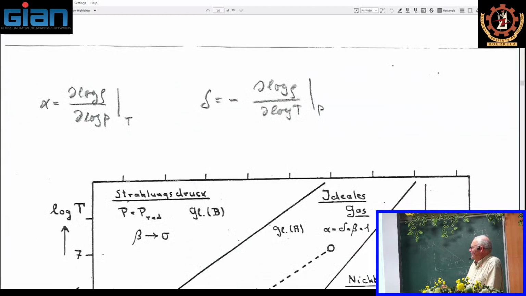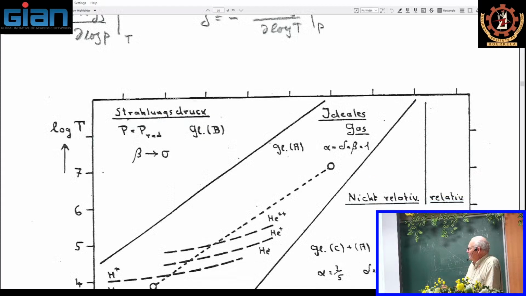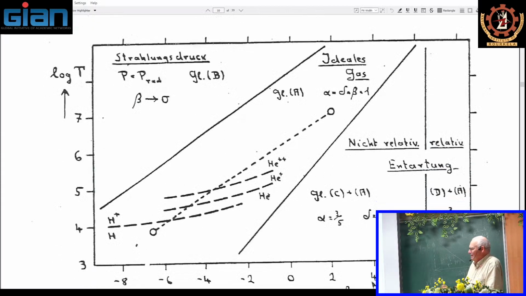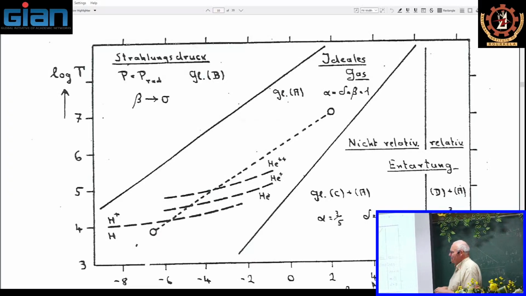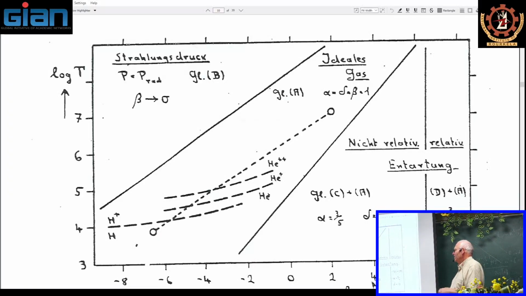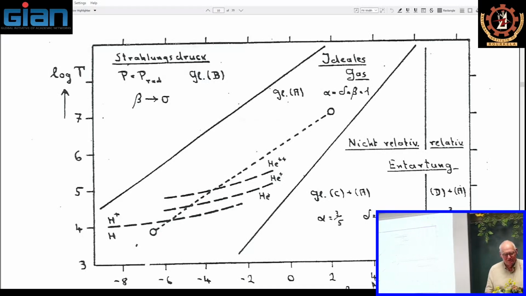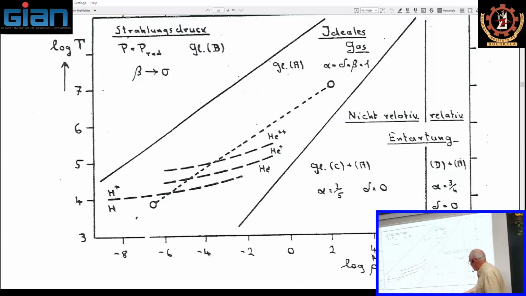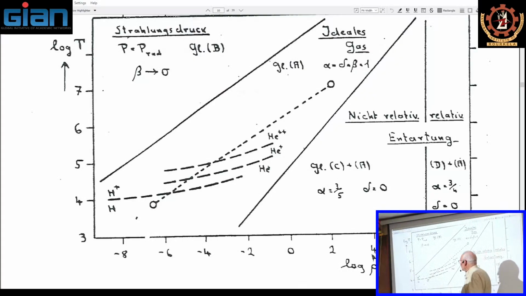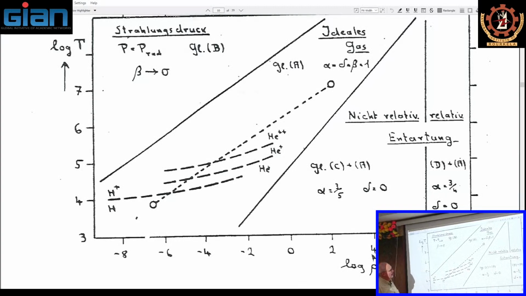I have now, unfortunately, a diagram in German. The various domains where the different equations of state are valid are given here in a temperature-density diagram. So we have log rho here, the density, as a function of log rho and log T, the various ranges where the various equations of state are valid.